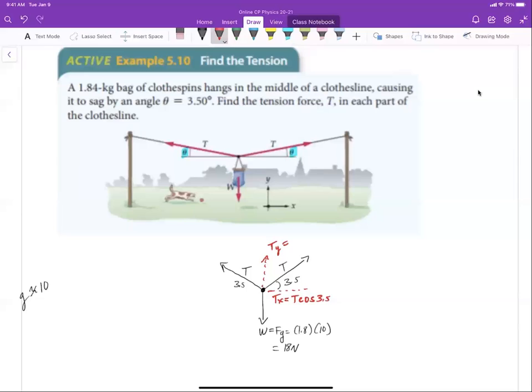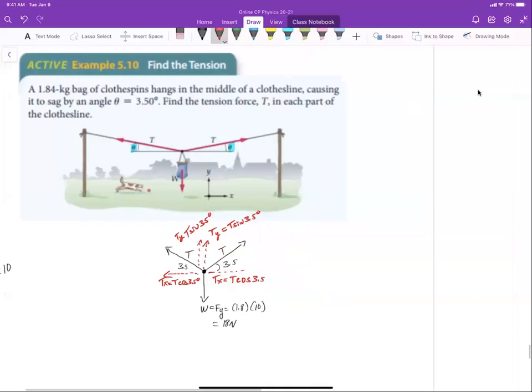T in the y direction is equal to T times the sine of 3.5 degrees. And then we also have another one over here from the second line. So we have another T sine of 3.5 degrees, and that's from the second line. And then in the x direction, we have Tx equals the hypotenuse times cosine of 3.5 degrees.